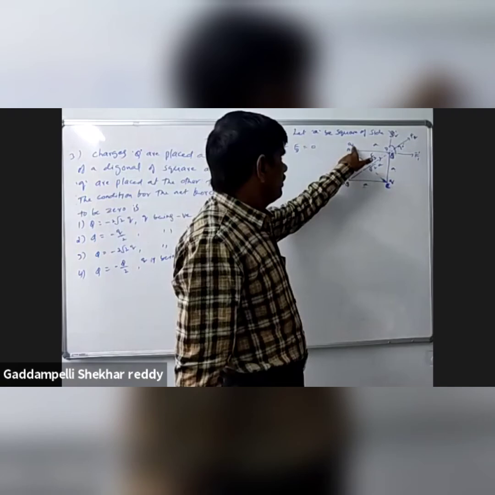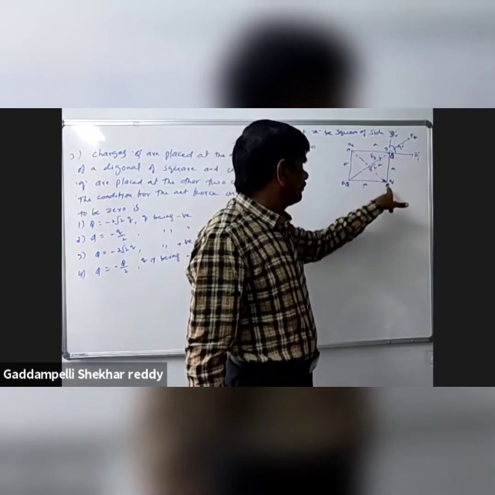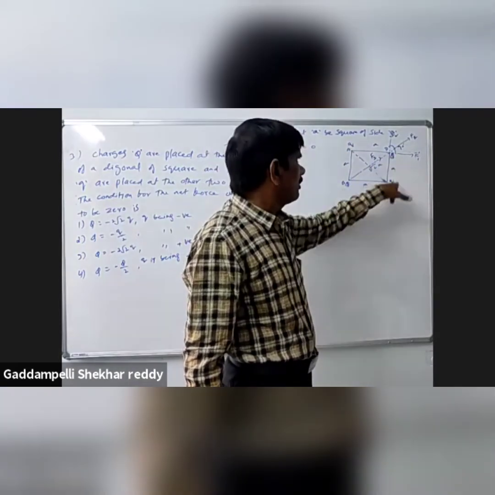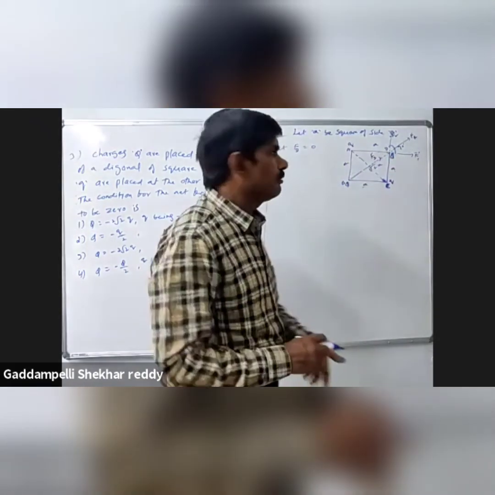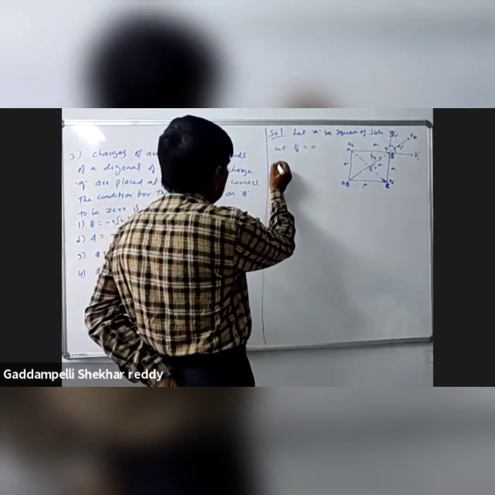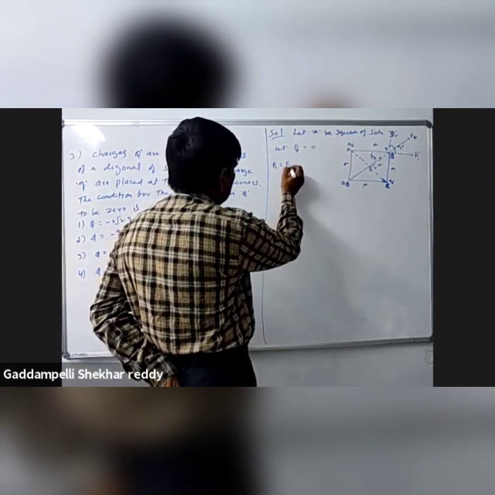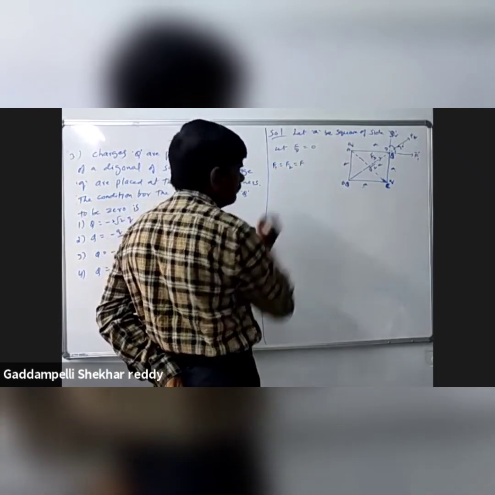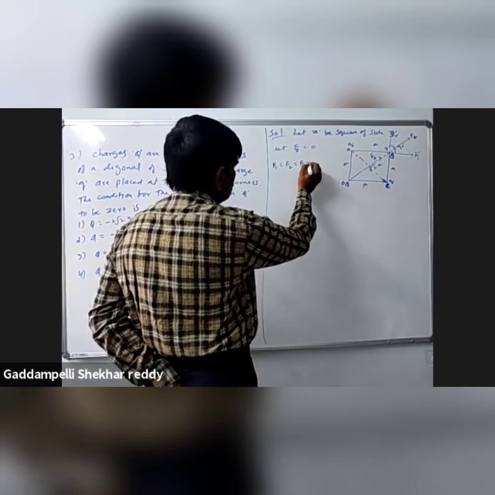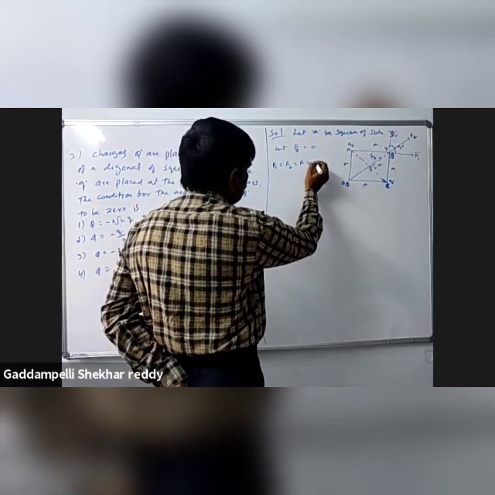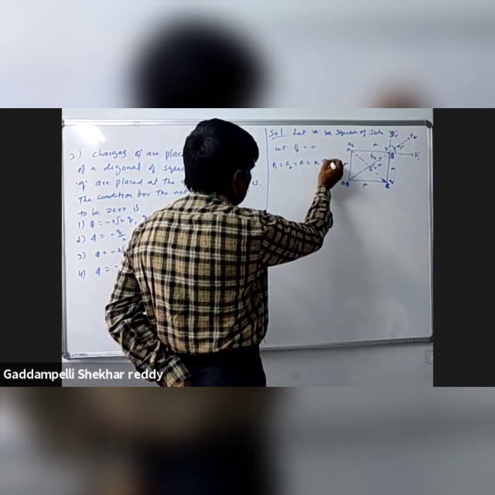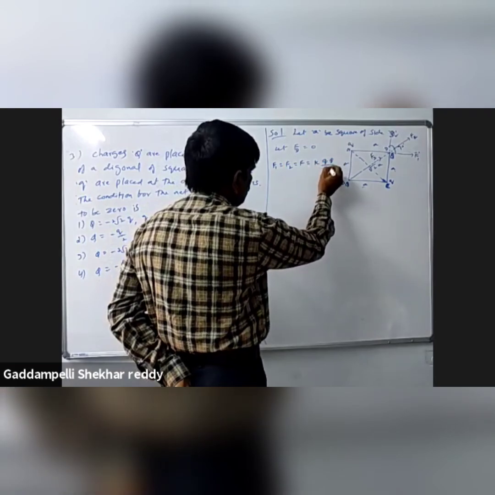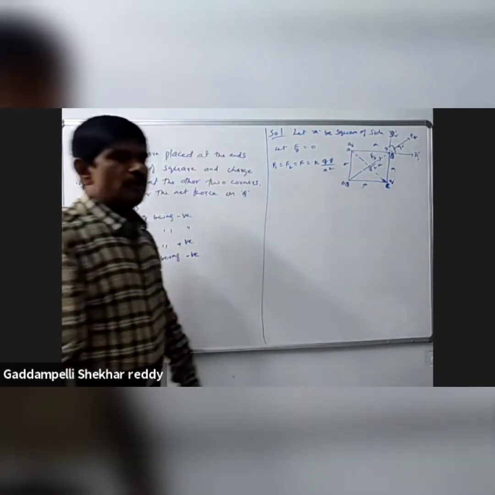Here F1 is between small q and capital Q, F2 is between small q and capital Q. Same charges, same distances, that means F1 is equal to F2, equal to F. Same distance, same forces. So this value will be K Q q by a square.